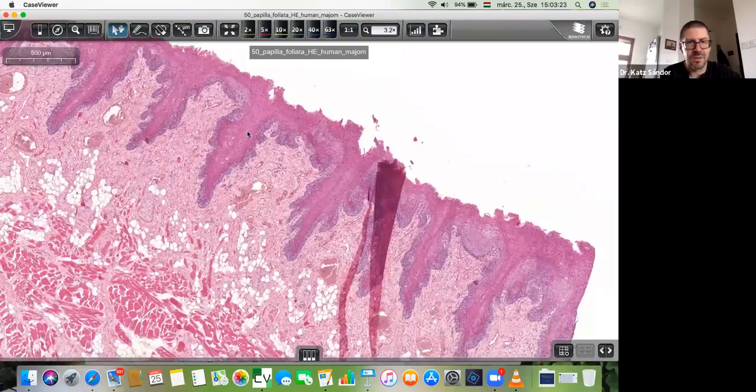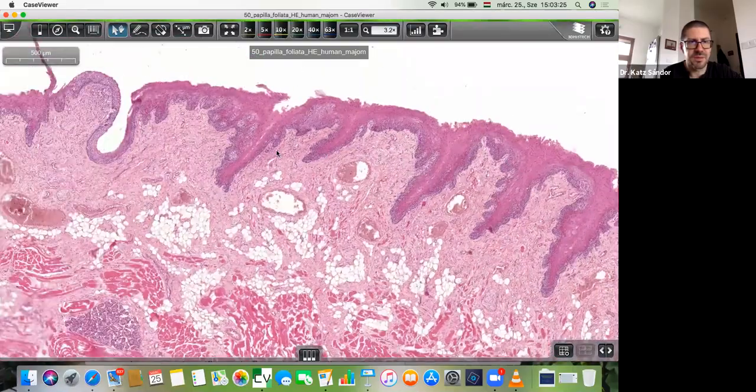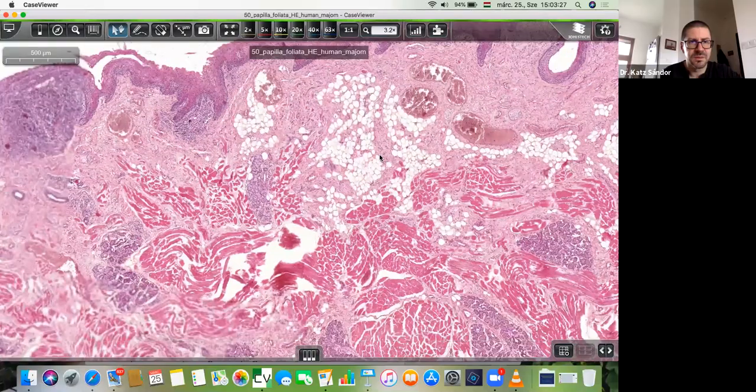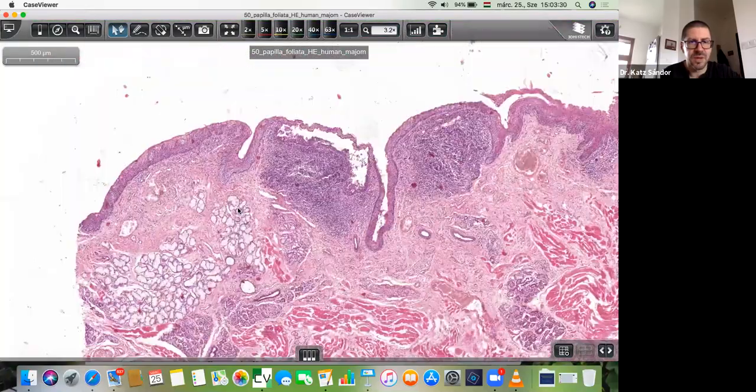No, they are not nice. We can see the taste buds. Okay, so the monkey was perfect for this, for the foliate.